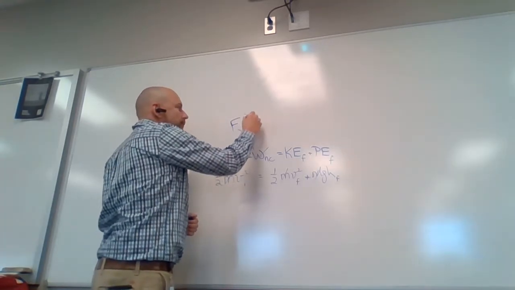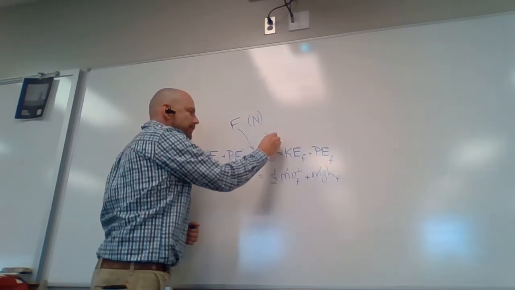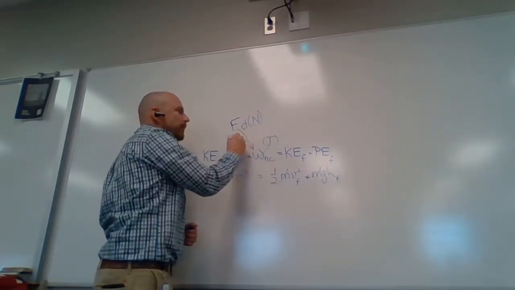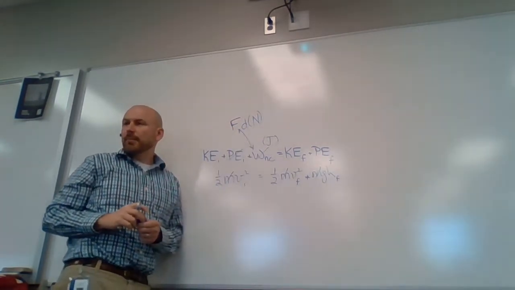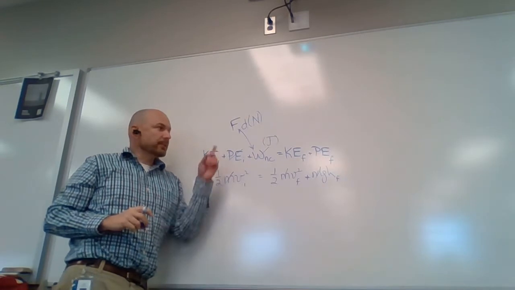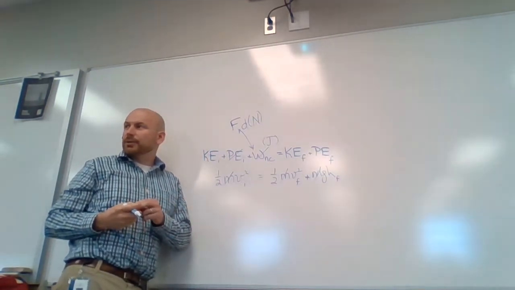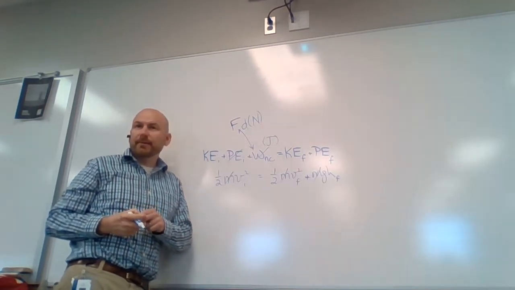And this is in newtons. This is going to be in joules. In order to make this work, you must multiply that by distance. That is a very popular error. People just stick in force straight away into work. You must multiply it by distance.